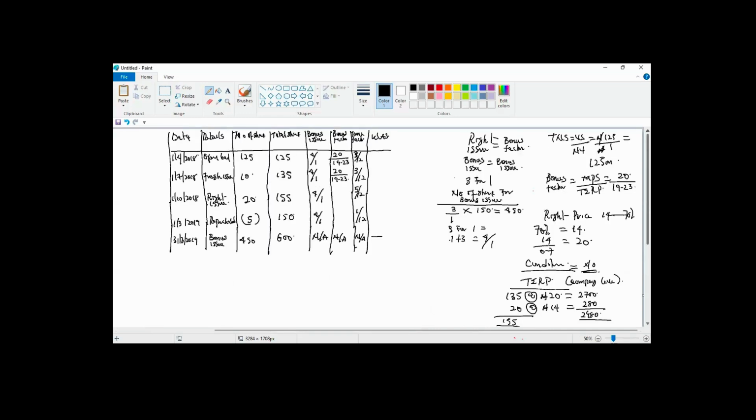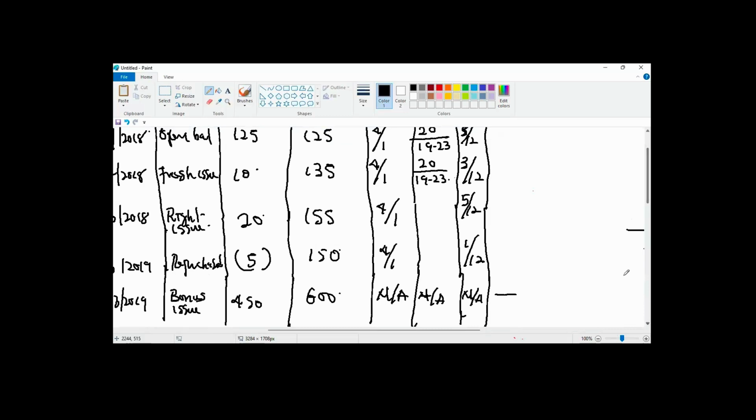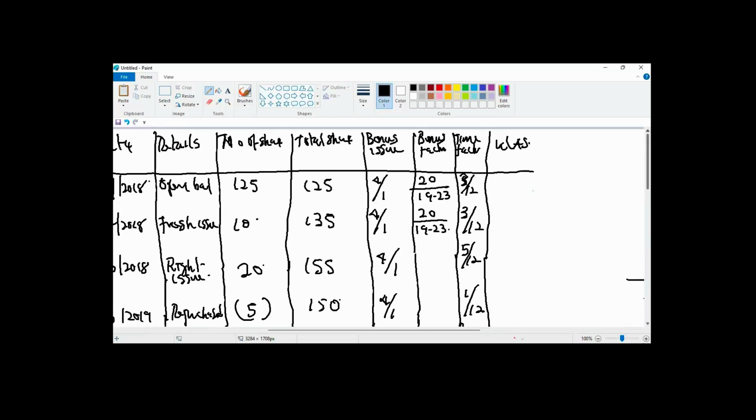Give me the figure to get the weightage. Let's do this one after the other. The first one is 130.